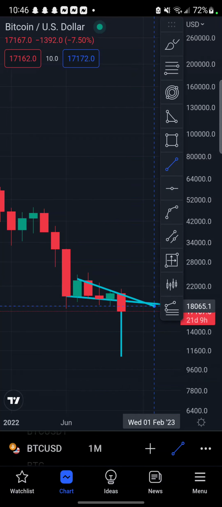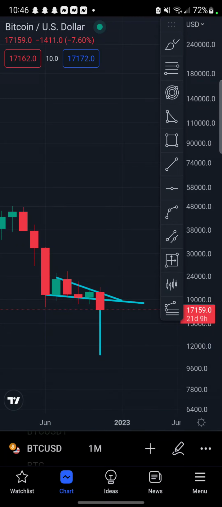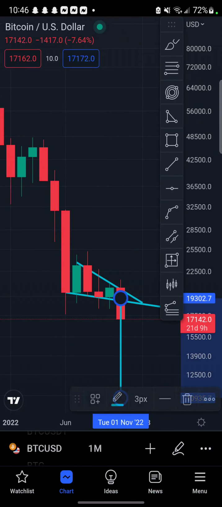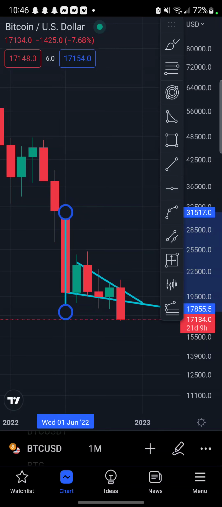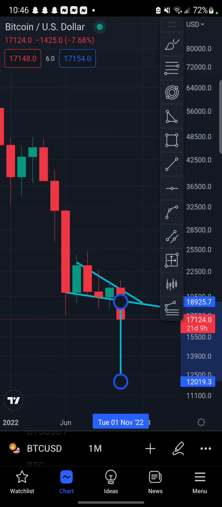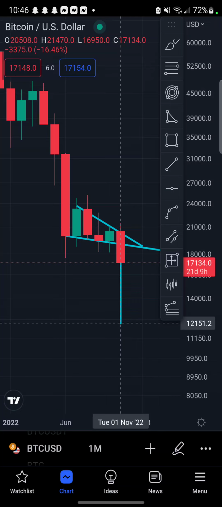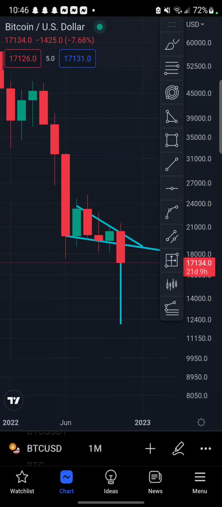Connect all the lows, connect all the highs, and as you see, this right here, actually we can bring it up here. This pole gets dropped down here, and this would be the target. So we have a $12,000 target if we continue downward.